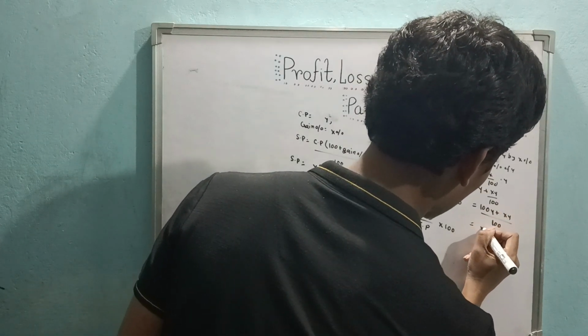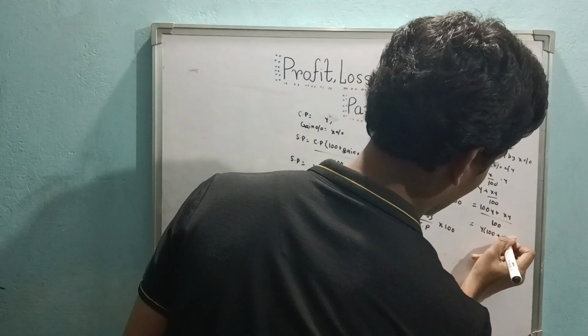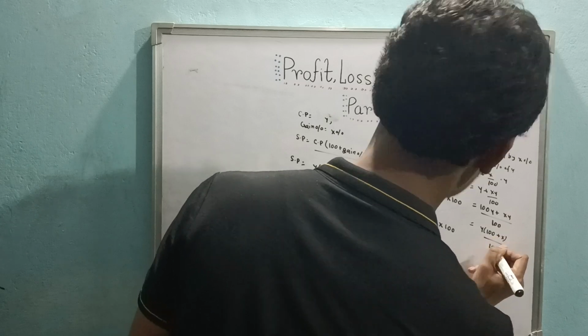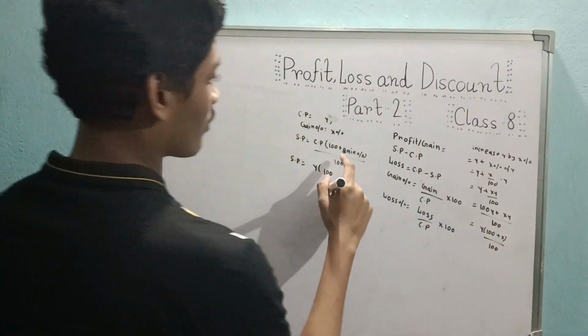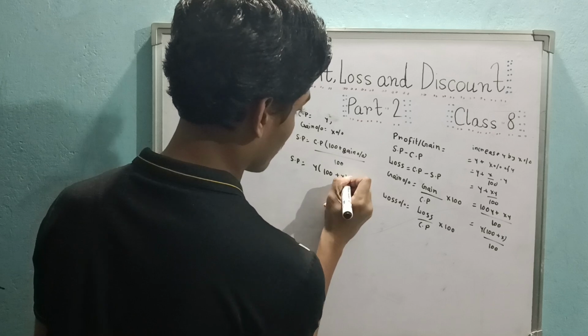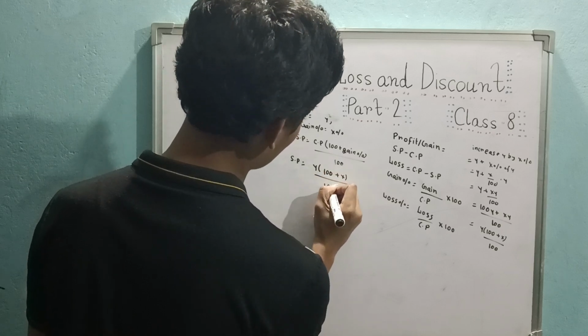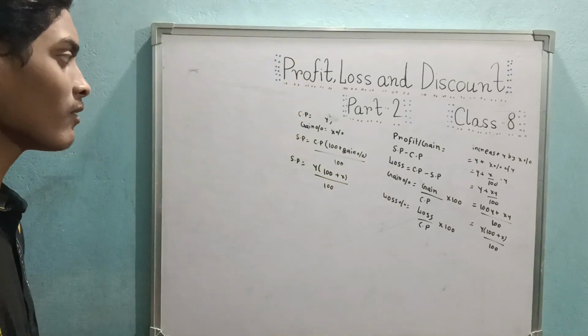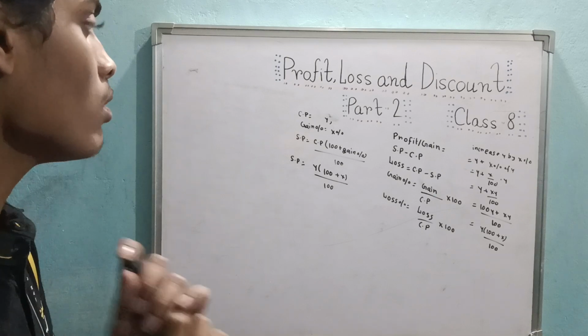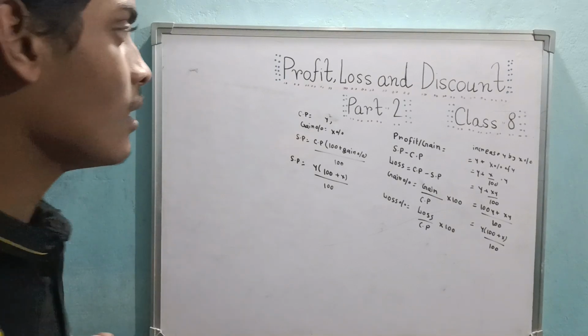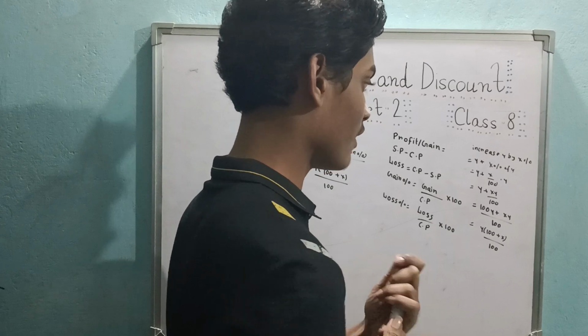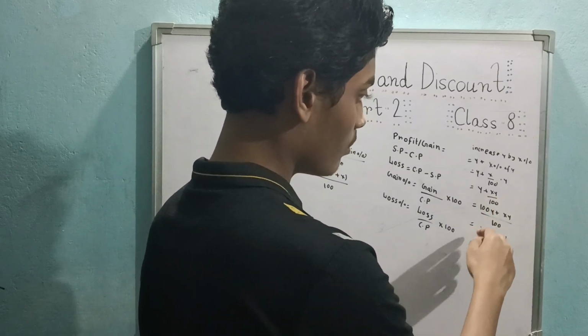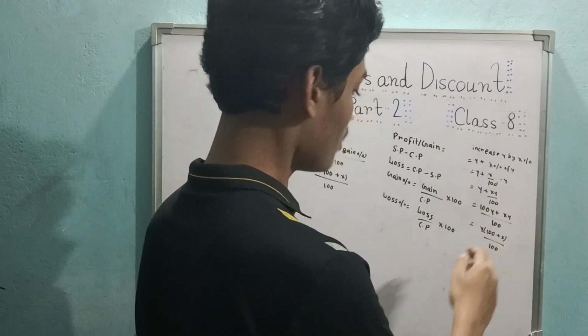Equal to Y multiplied by 100 plus X by 100. Why I'm writing this, you will soon find out. So gain percent is X. Is something matching, my dear viewers? I hope it's matching. As you can see, like we increase Y by X% and we get this relation, this is the final answer.